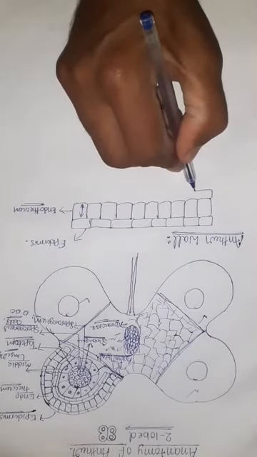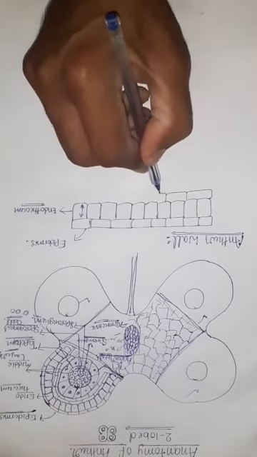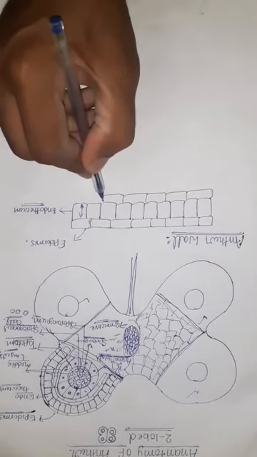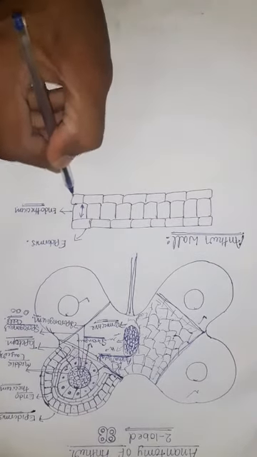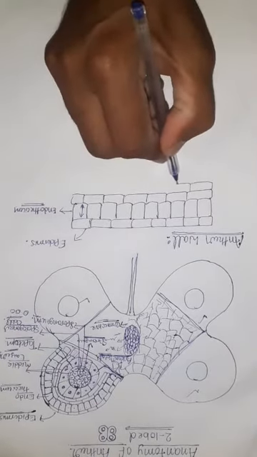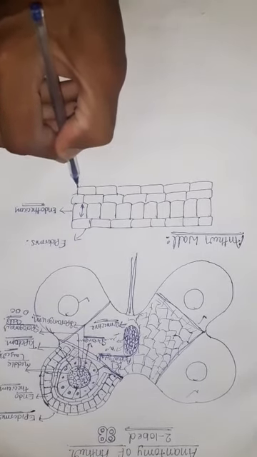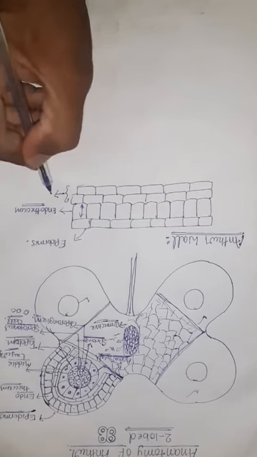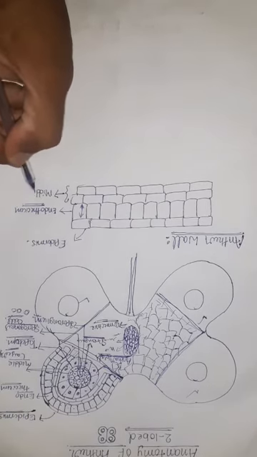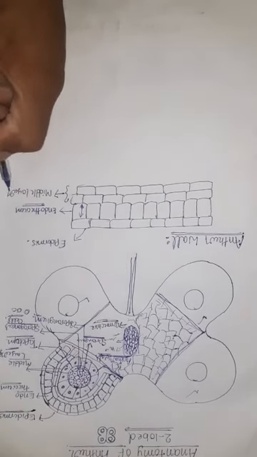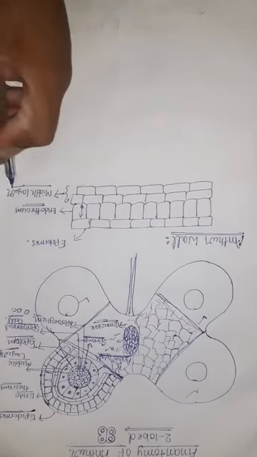After that, horizontally elongated cell layers. Usually there will be two layers in typical anthers. These two cell layers together are called the middle layers.